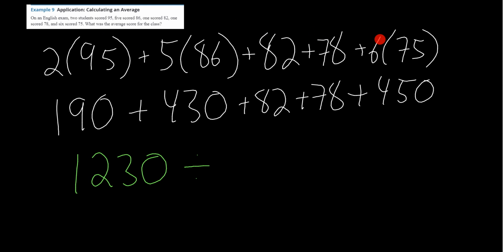So there's those 15 students that took the test, right? So it's 1230 divided by 15, which is 82. That is the average test score in this particular class, right? And that concludes Chapter 1, Section 3.